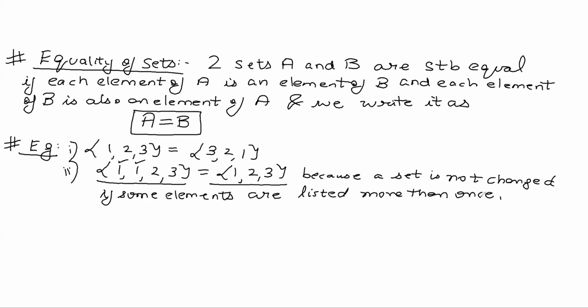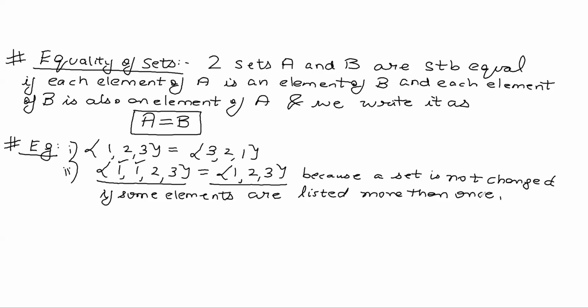That means even if I repeat the element more than once, that will not change my set. So the set of 1, 1, 2, 3 will exactly be equal to the set of 1, 2, 3, even if 1 is repeated twice.